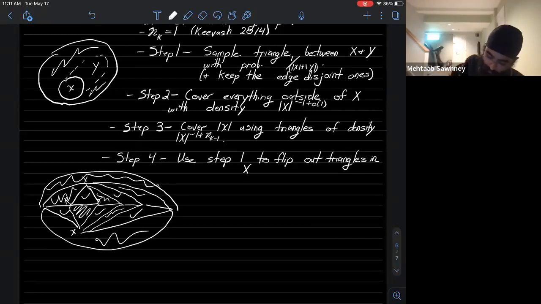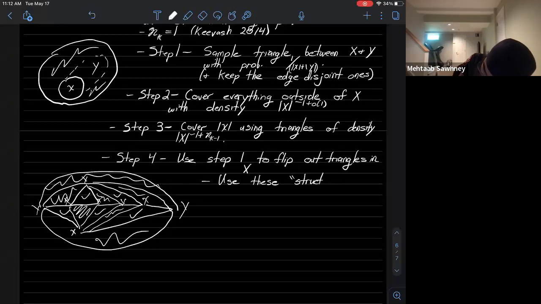So I look at these configurations where every single other vertex is in Y. If I have my bottom triangle in X and I have this configuration in Y where all the squiggly triangles are sampled in step 1, I use these structures to flip squiggly triangles for the checkmark triangles.